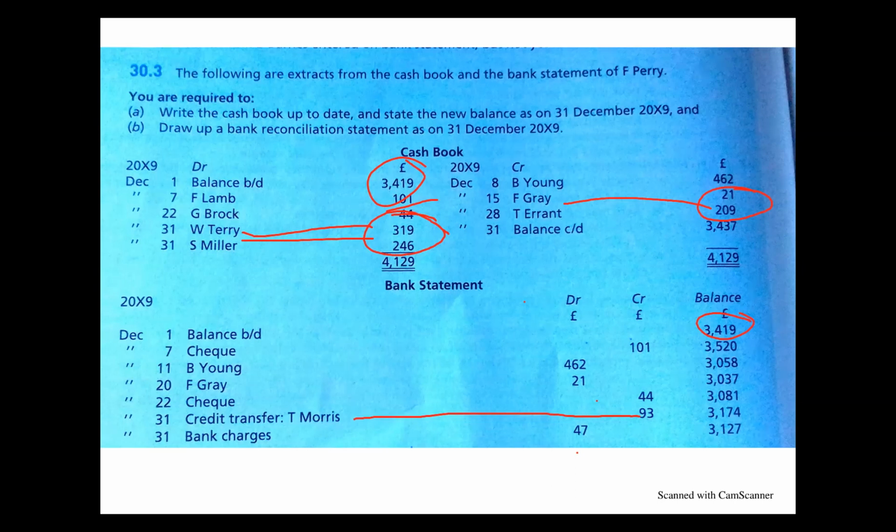Probably you have received this money in your bank, but you as a business are not aware. So you haven't recorded this credit transfer from T. Morris. When you're updating the cash book, you have to include this credit transfer on your debit side. Is that fair now?